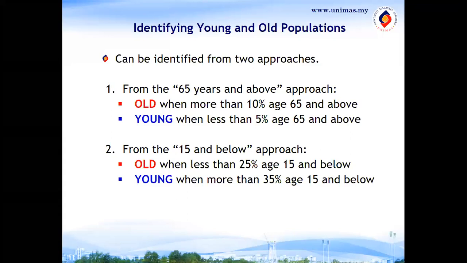So more old age people, and also less number of young people because of the reduced rate of fertility. Jadi dua faktor yang menyumbang kepada whether or not negara tersebut tua ataupun muda.